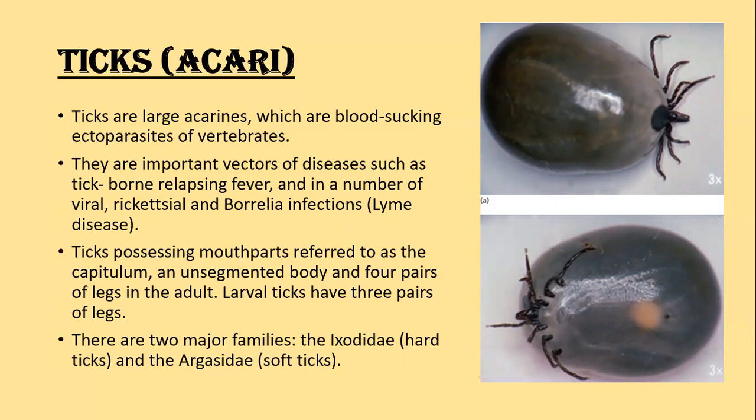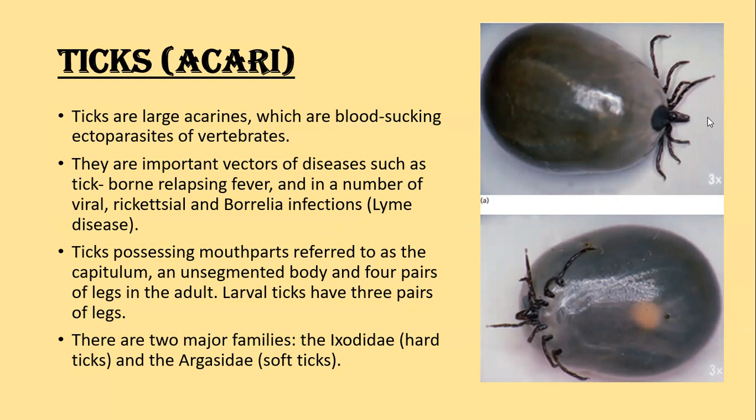They are important vectors of diseases such as tick-borne relapsing fever and a number of viral, rickettsial, and borrelial infections that include Lyme disease. A tick possesses a mouth part that is referred to as the capitulum, an unsegmented body, and 4 pairs of legs in an adult. The larval ticks have 3 pairs of legs. You can see the 4 pairs of legs, 1, 2, 3, 4 here.